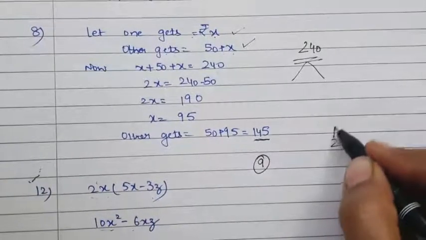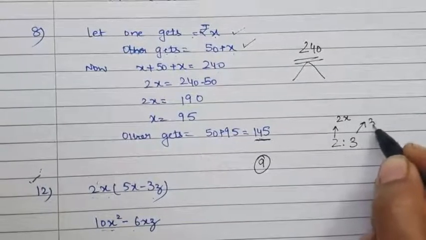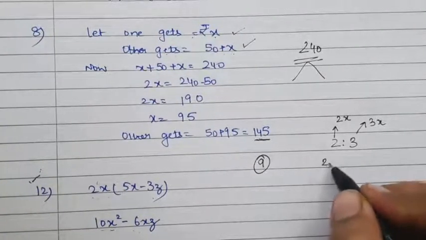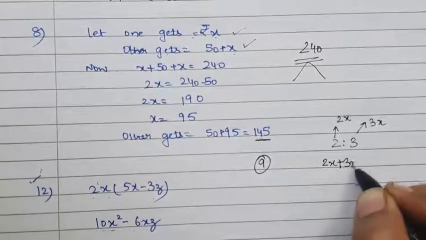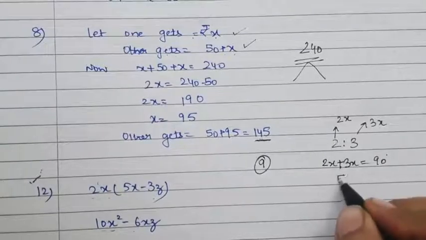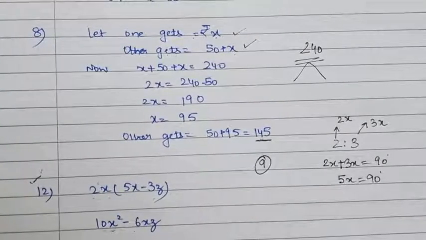Question 9 is, there are two complementary angles whose ratio is given to us. So it means if one is 2x, the other will be 3x. Since they are complementary angles, their sum will be 90 degrees. That is 2x plus 3x is equal to 90 degrees. We get 5x is equal to 90 degrees.